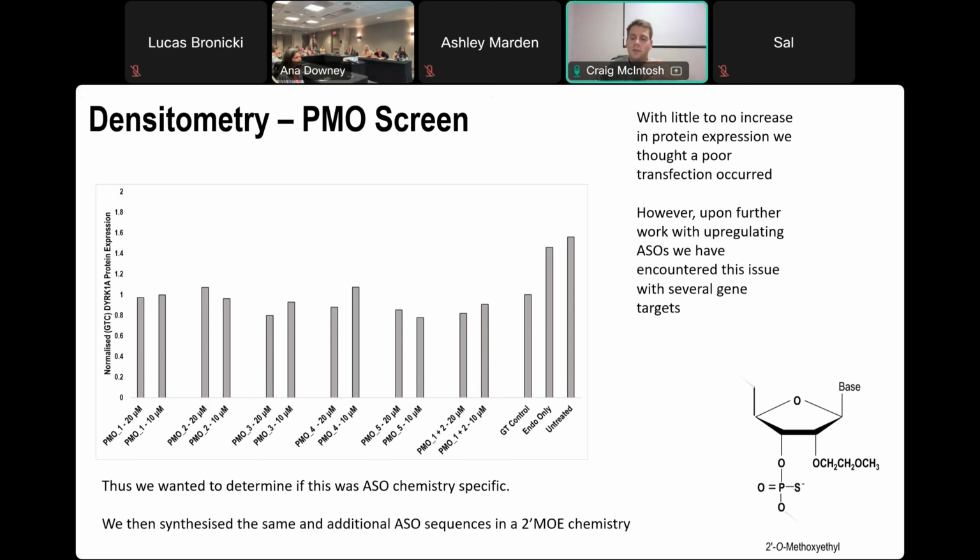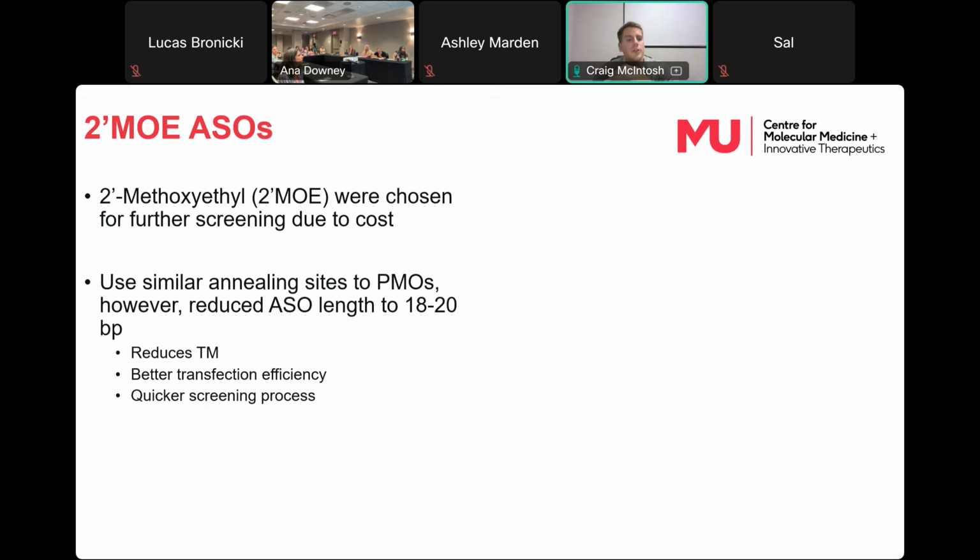So the idea was to use a negatively charged compound. We also wanted to reduce the length because we wanted to reduce how tightly our compound binds onto the genetic information. This is sort of displayed as what we call a TM. We get better transfection efficiency, and it's a much quicker screening process.